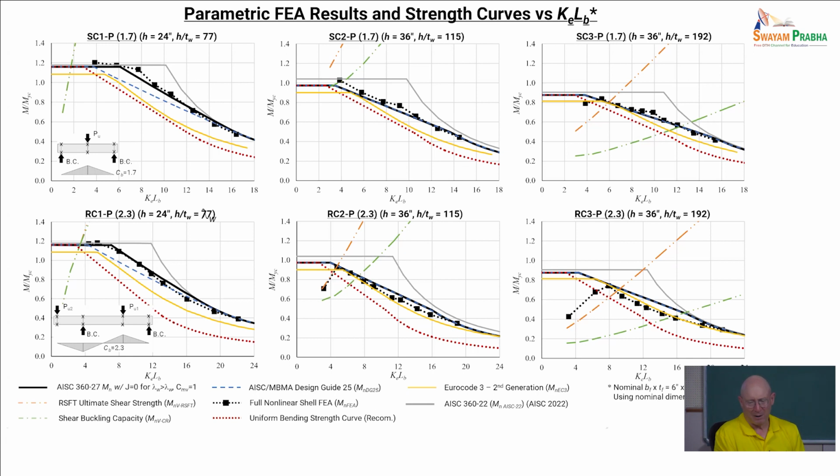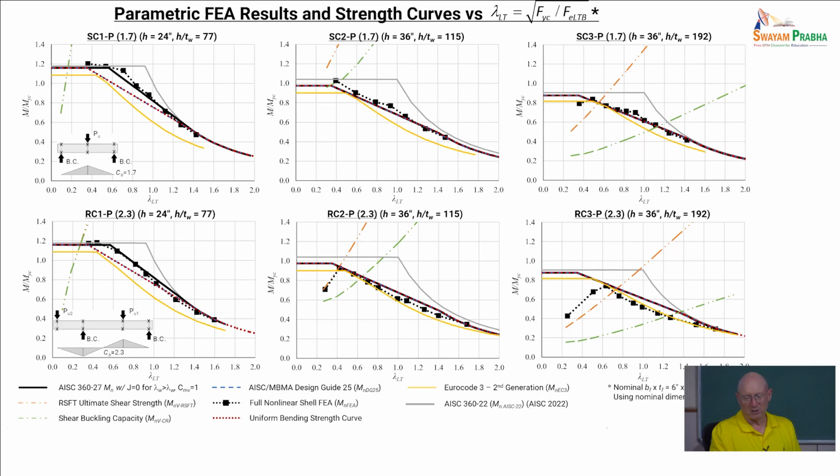And so our thinking is that curve D is probably a little more conservative than is justified for these types of cases. If we were to use curve C, we'd be very much closer in terms of correlation with what we're getting with our test simulations and with our experiments. And this shows the same plots, but plotting in terms of the normalized slenderness lambda LT.